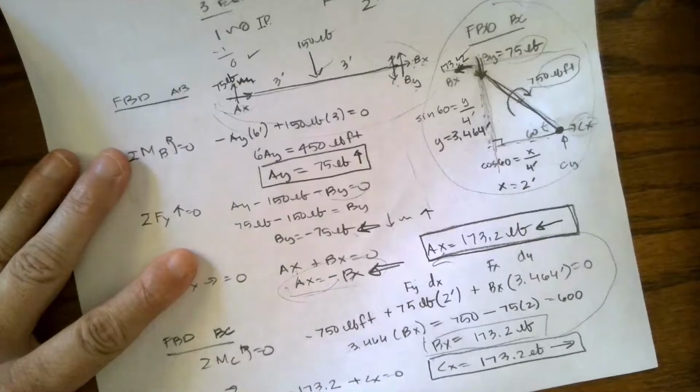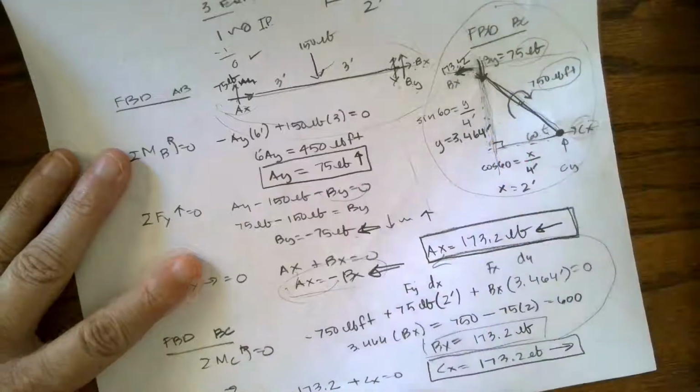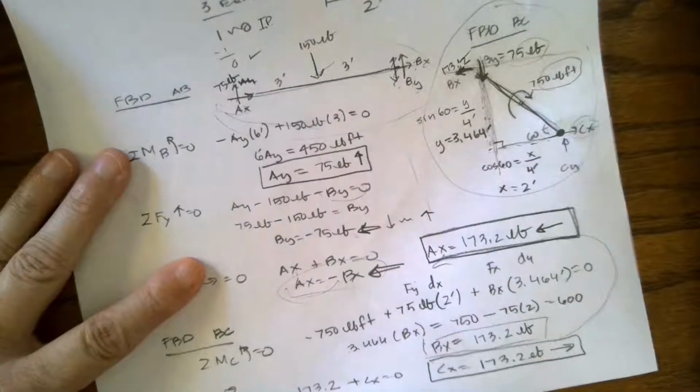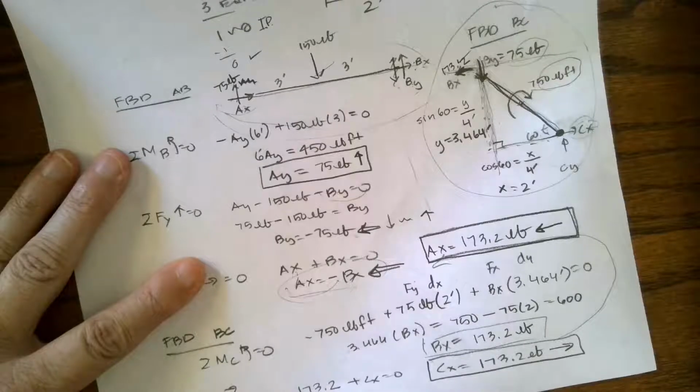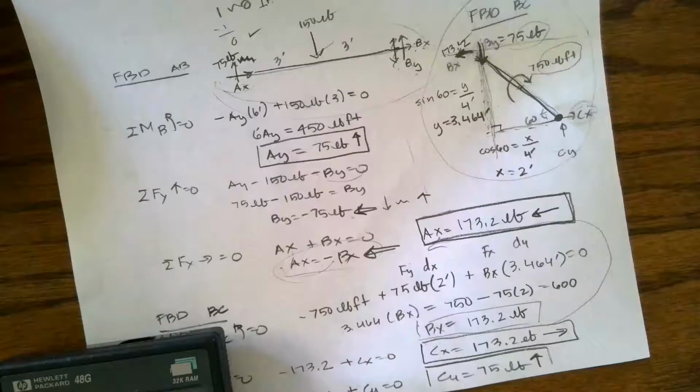Okay, sum forces y equals 0. That By is going down, so I have negative 75 pounds, plus Cy equals 0. So Cy equals 75 pounds going back up. Okay, I hope that makes sense.